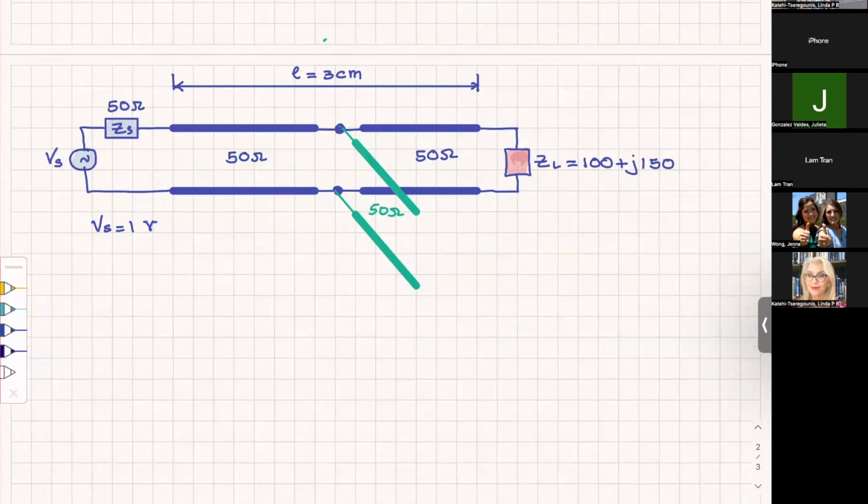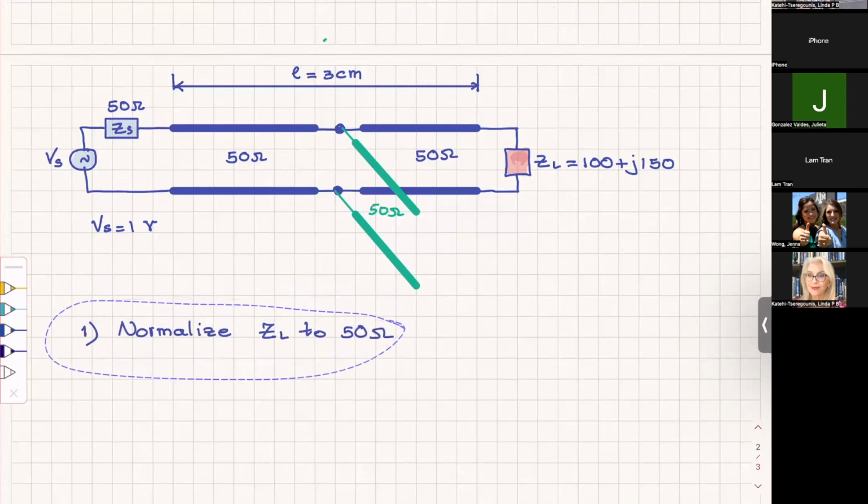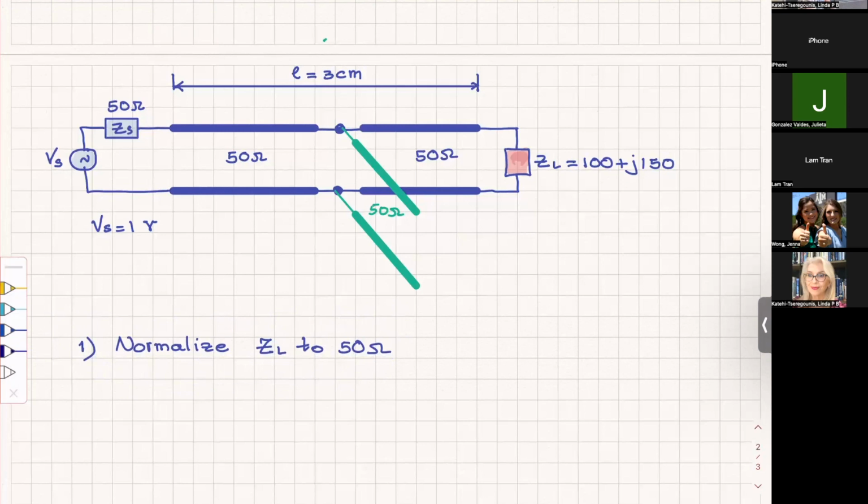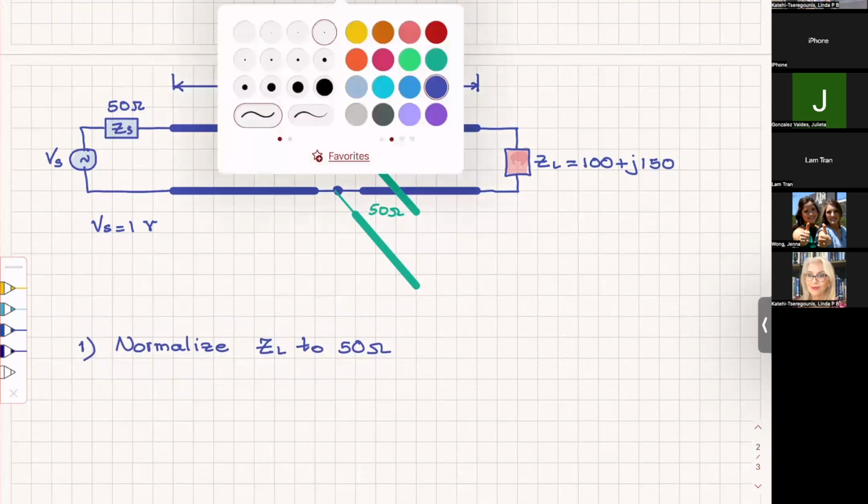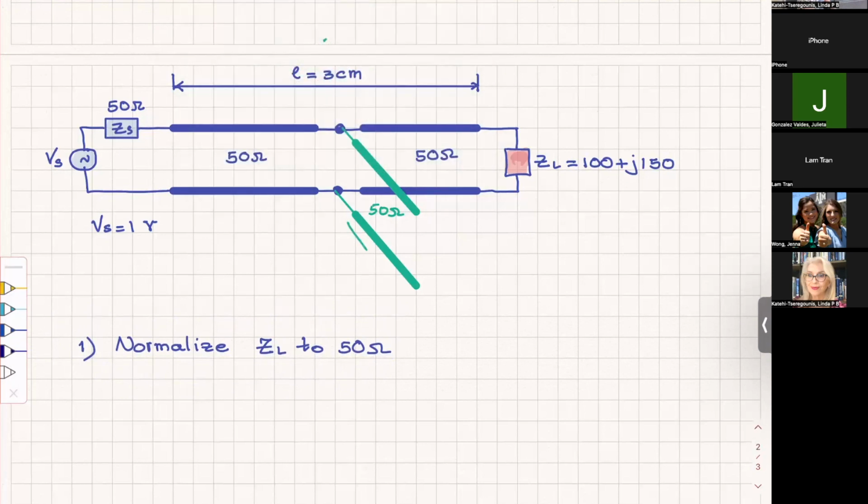Number 1, normalize ZL to 50 ohms. The other thing I wanted to show is that I would like to call the length of the stub d sub s. So this one is d sub s.